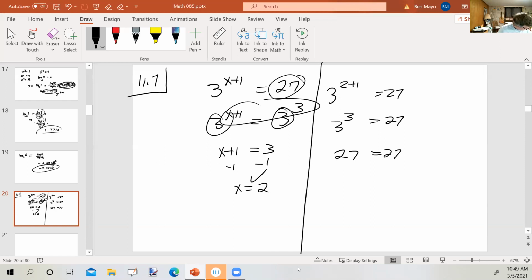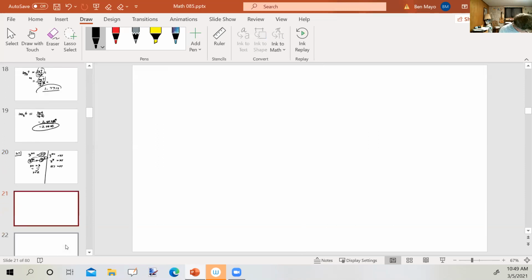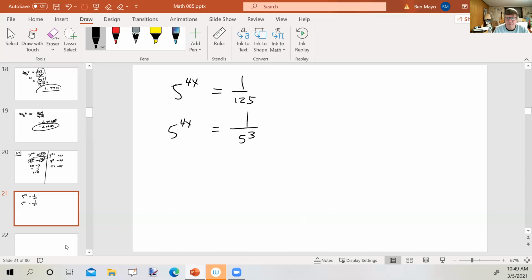Okay, let's do another one of those. Let's say we've got 5 to the 4x power equals 1 over 125. So my base on the left is a 5. I could take 125 in the denominator and write it as 5 cubed. 5 times 5 is 25, times 5 is 125.